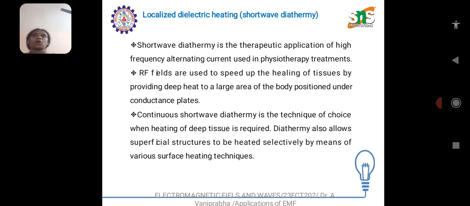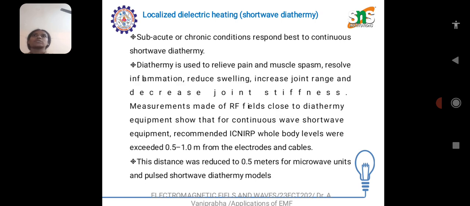Subacute or chronic conditions respond best to continuous shortwave diathermy. Diathermy is used to relieve pain and muscle spasm, resolve inflammation, reduce swelling, increase joint range and decrease joint stiffness.